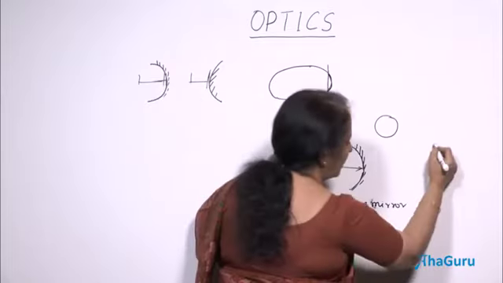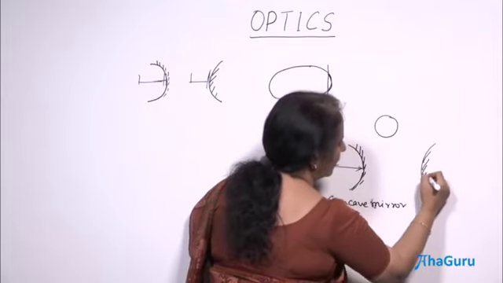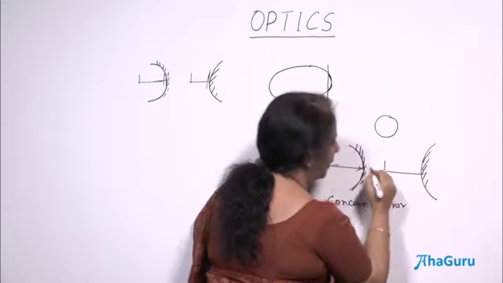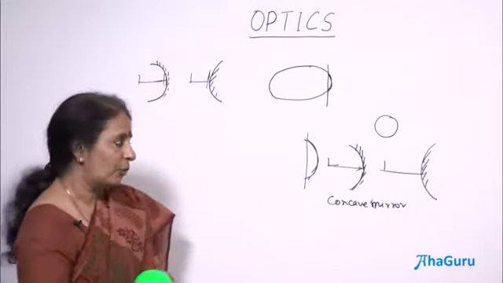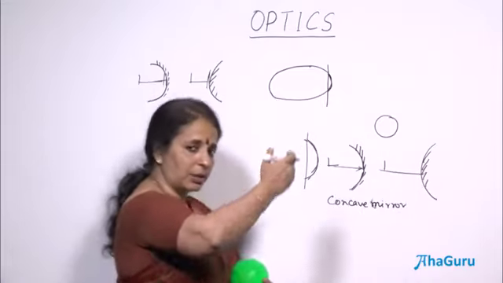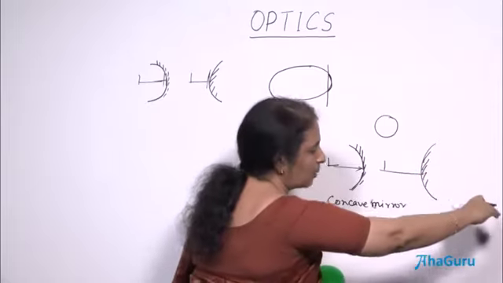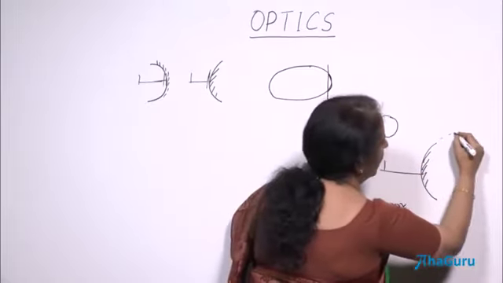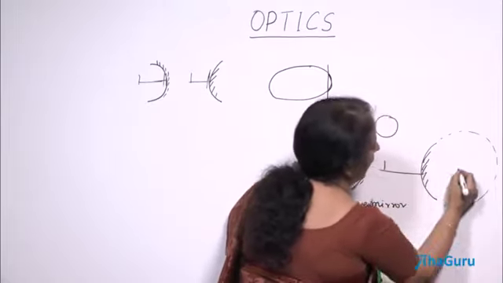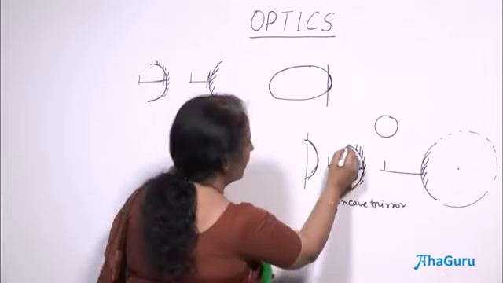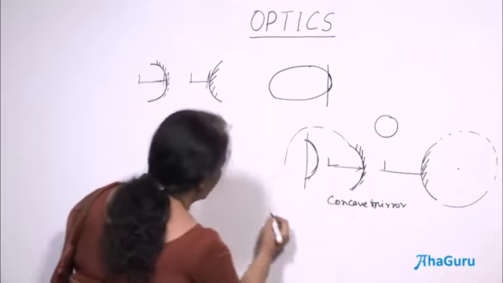Suppose it is like this, then again you are standing here. Now, in front of you, you have a surface which is bulged out like this. So, if I mentally draw a circle, it will have a center point here. If I mentally draw a circle, I can draw it again here.